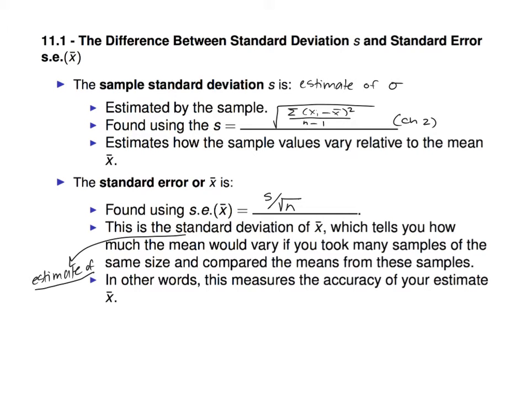So this measures the accuracy of your estimate for x bar. So a larger standard error means there's more wiggle room for where your x bar could have fallen, whereas a smaller standard error means that you are pretty certain you know what it is, or that your sample estimate is close.